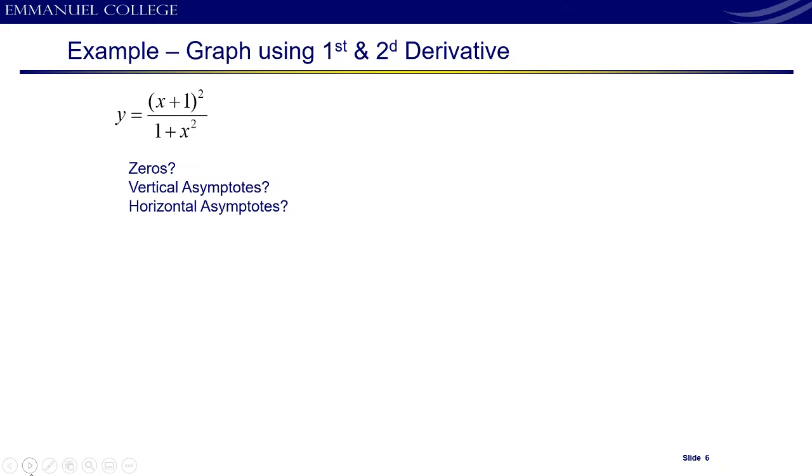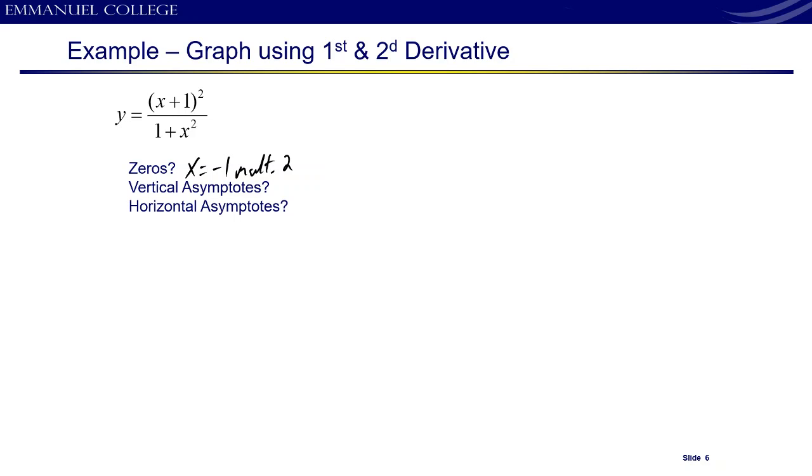So where are the zeros? Well, zeros are going to be at just x equals -1, and that has a multiplicity of 2. Are there any vertical asymptotes? So is the denominator undefined at any point? No, because it's 1 plus x squared.